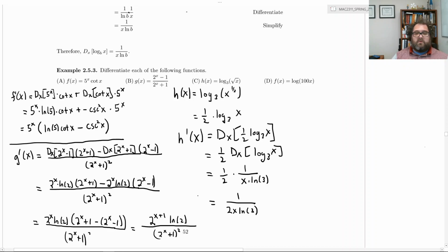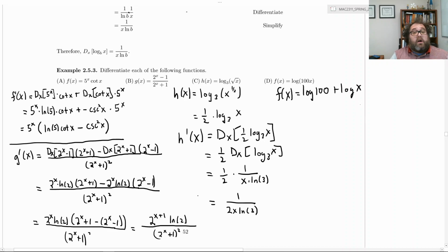Cool. What about d? What about the function of part d? Again, we're going to use the properties of logarithms to rewrite this so that it's not composite, because we don't know how to work with composite functions in general yet. But we can use that product rule again. We could say that f of x is log 100 plus log of x.